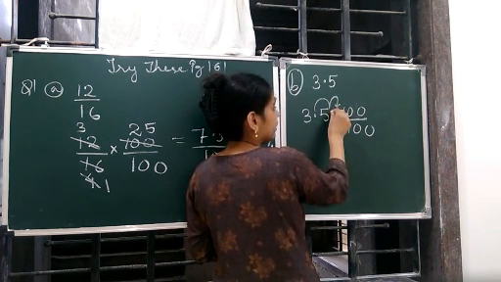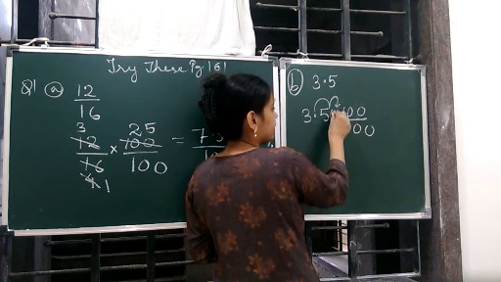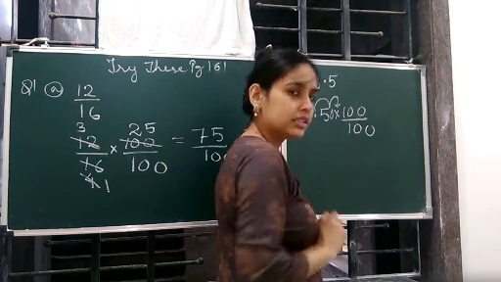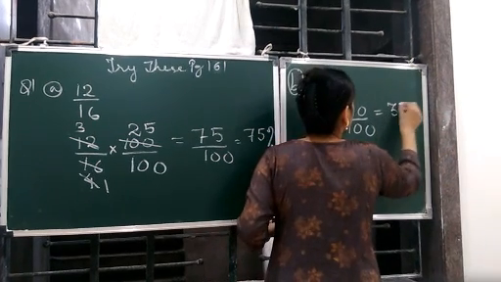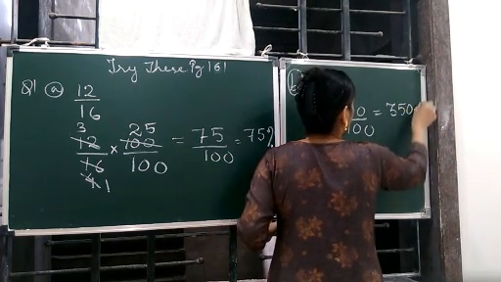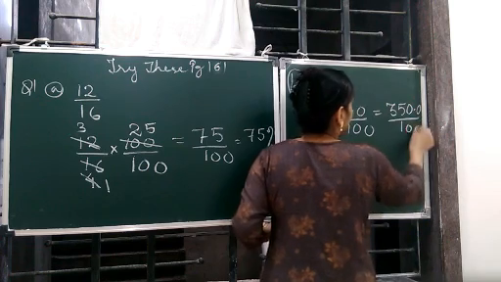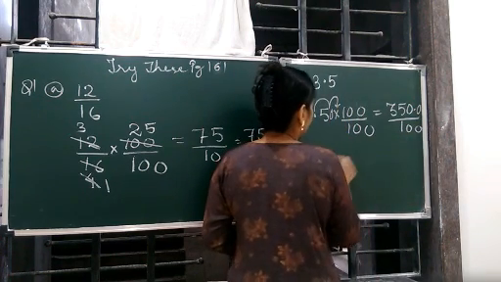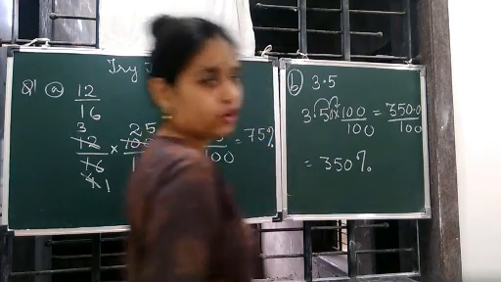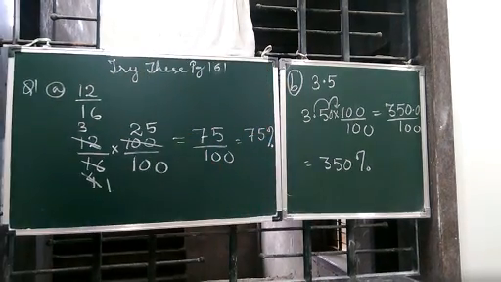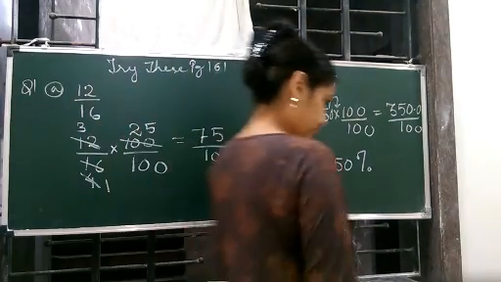Since there is nothing in the second place, we can apply a 0. So your answer becomes 350.0 upon 100, or you can write only 350%, or 350.0% also, as you wish.